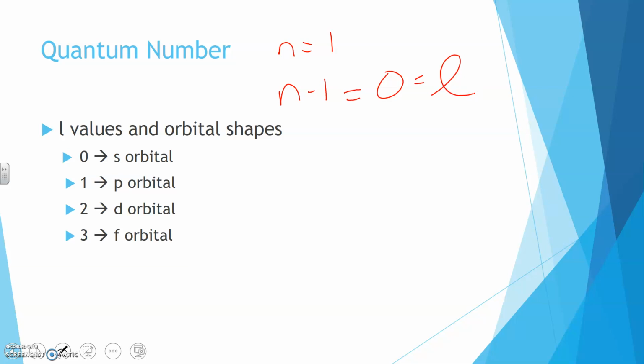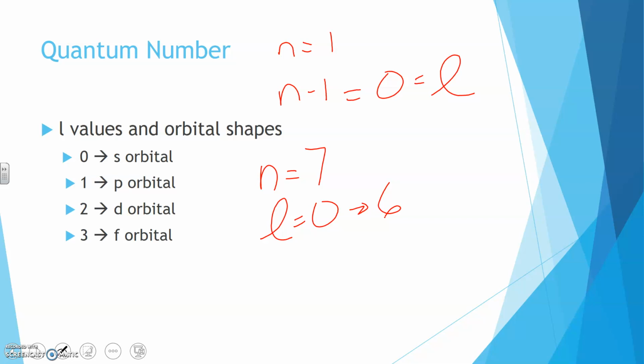Now if you move up from there, say we have an n of 7. Your L values can be anywhere from 0 to 6, because an n of 7, an energy level of 7, has every type of orbital that we have. So 0 through 3.